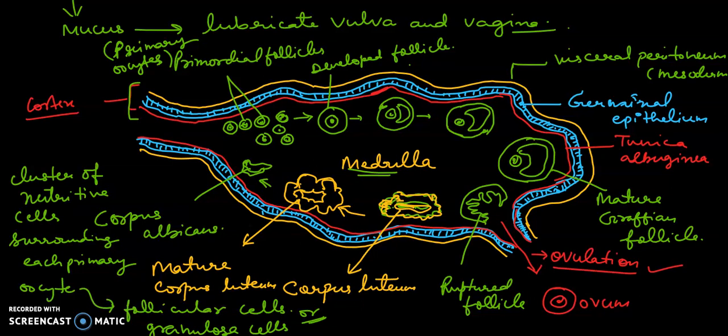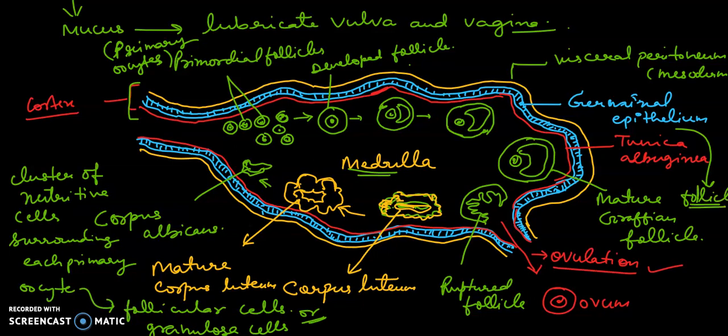These clusters of cells are called follicles. As I already told you, these follicles are derived from the germinal epithelium.